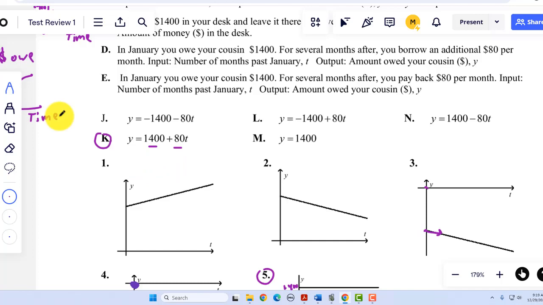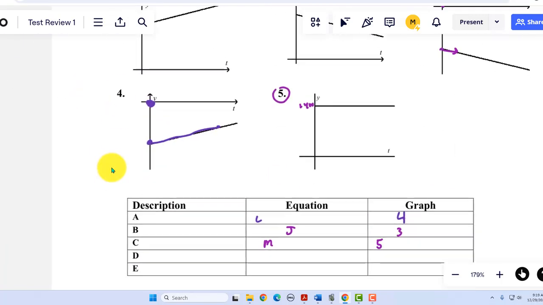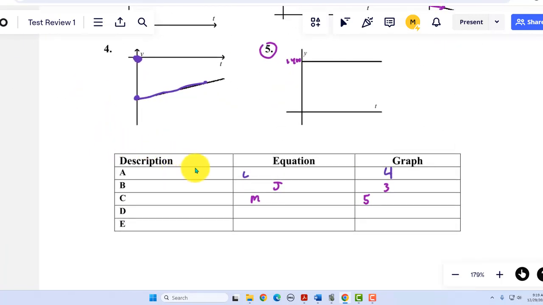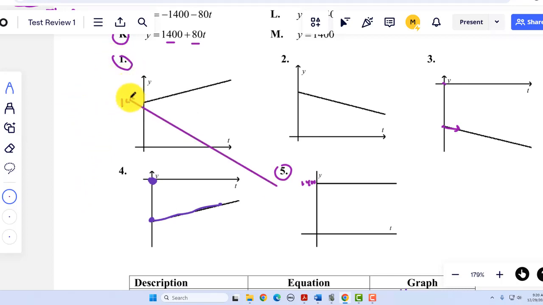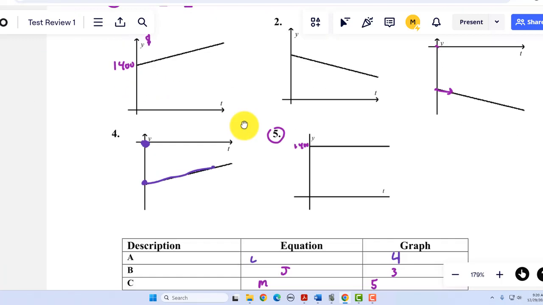Right? So the amount you owe is going to keep increasing. So for D, we're going to put in letter K for the equation and number 1 for the graph. Right? I owe 1,400, and then if I keep borrowing $80, the amount I owe is going to increase, right? So that's graph number 1.